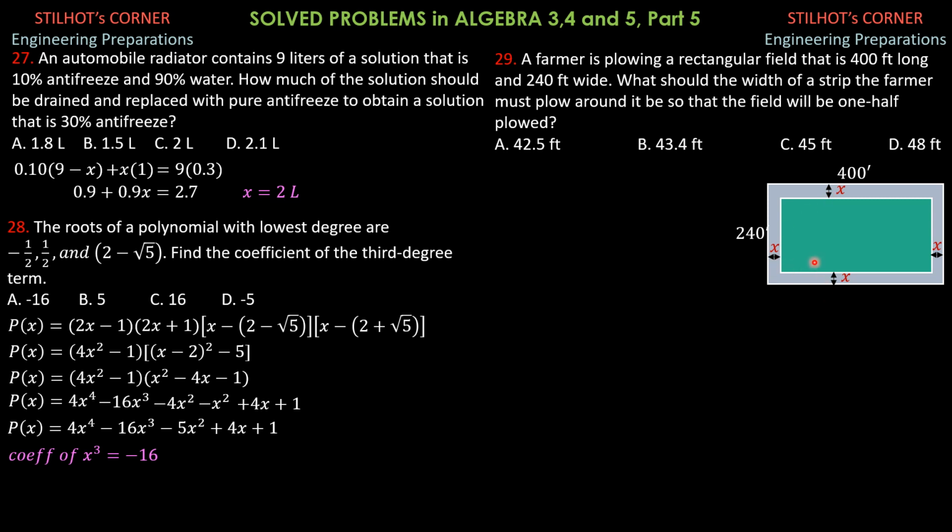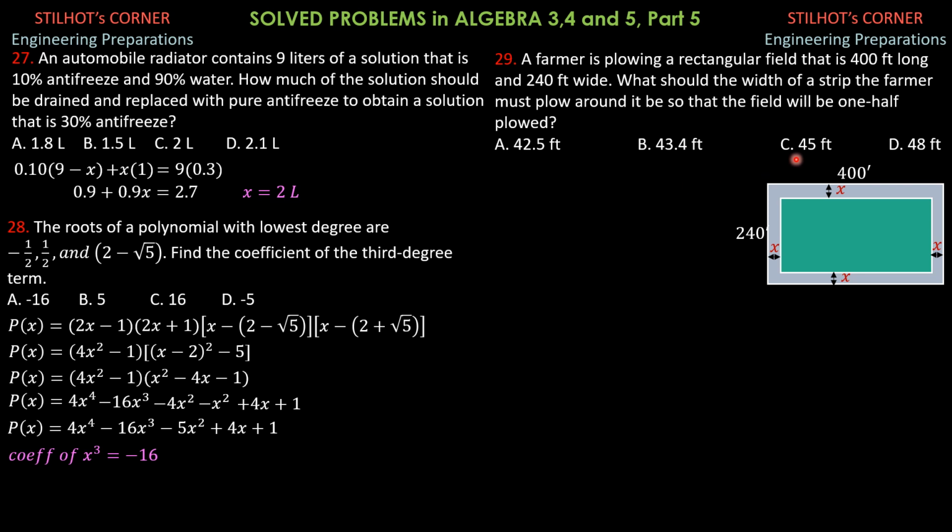So x, x, x. Therefore, the idea is the area of this green field, which is now the dimensions will be 400 minus 2x and 240 minus 2x, must be equated to half the area of the original rectangular field.